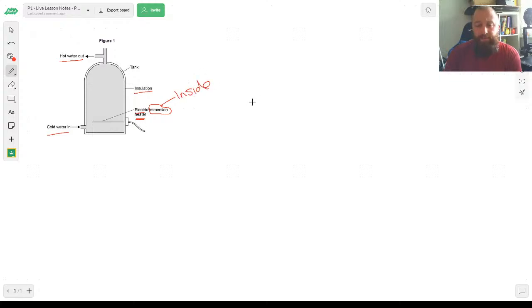And that's our heater. Now, there's a couple of design features here. Notice that the cold water is coming in at the bottom rather than the top, and that the immersion heater is placed near the bottom of the tank.